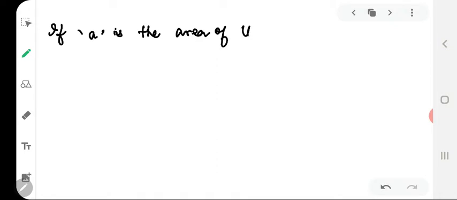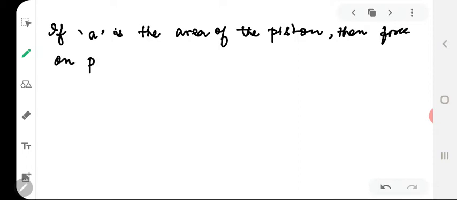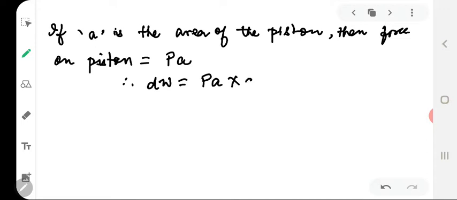So if A is the area of the piston, then the force on the piston will be equal to pressure into area, that is P into A. Therefore work done dW is force into displacement.